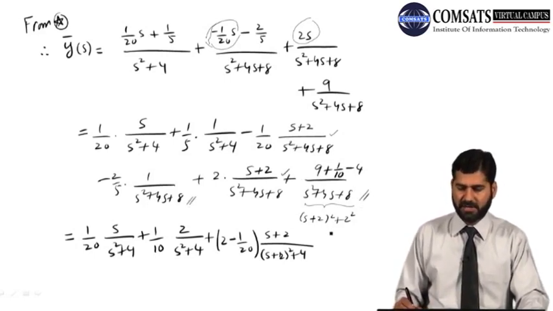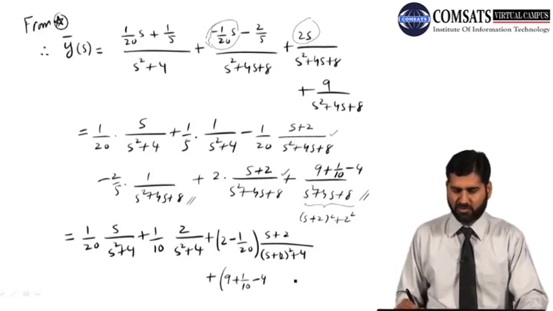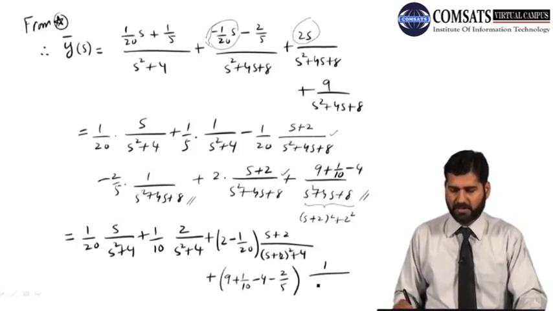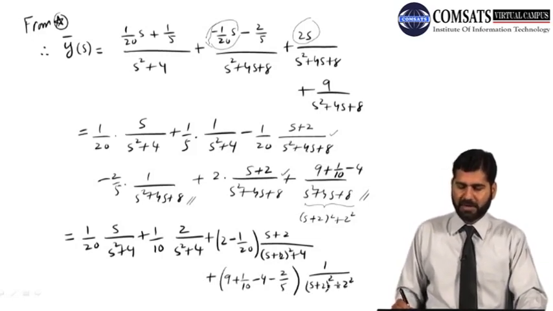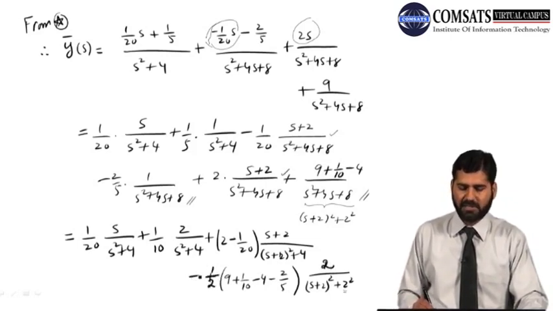These terms will be combined, so you will have plus 9 plus 1 over 10 minus 4, and from here you have minus 2 by 5. This whole thing comes with 1 over S plus 2 square plus 2 square. But because we have this 2 square here, I should multiply it by 2 and then divide by 2 outside.